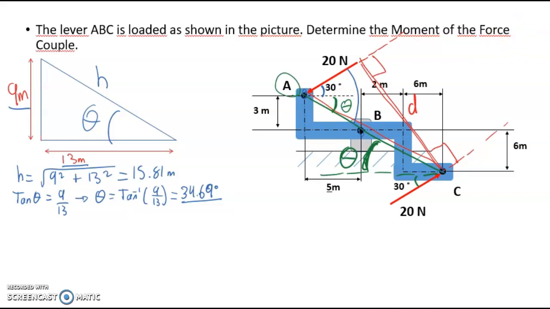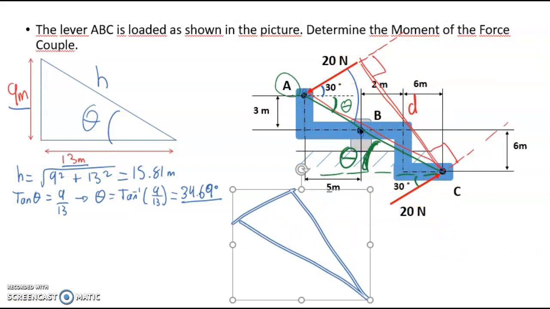So let's build up that triangle and try to manipulate. That didn't work well. Let's try again. Good enough.